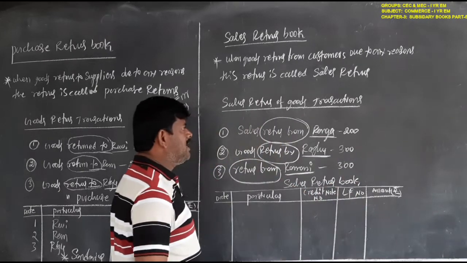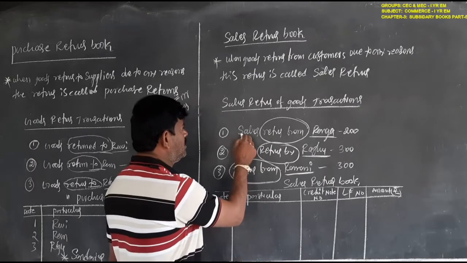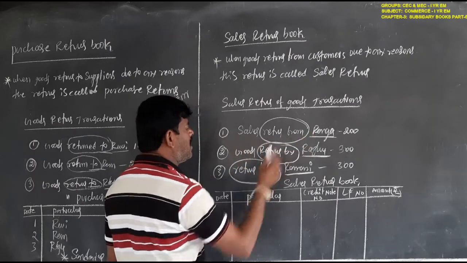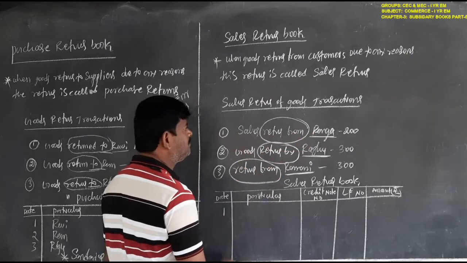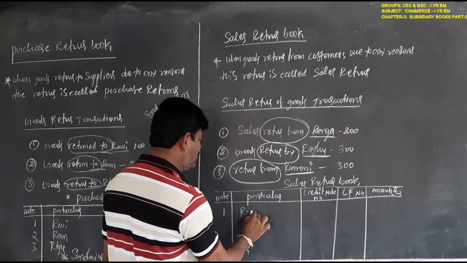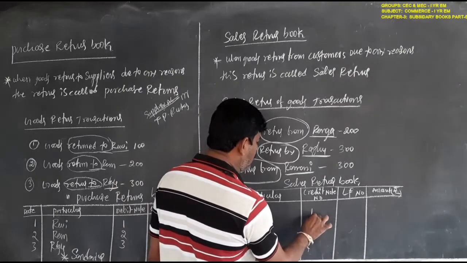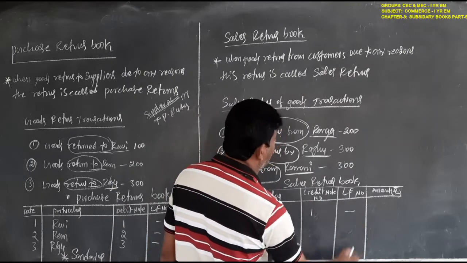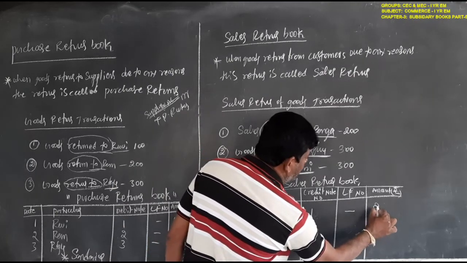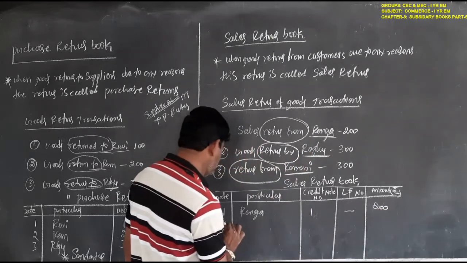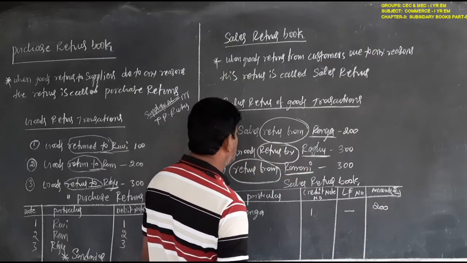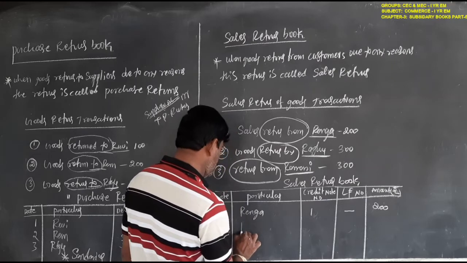Okay, see the example problem. Sales return from Ranga. So write Ranga account and credit note number 1, no LF number, amount is 200 rupees. Next, second one, goods returned by Raghu.